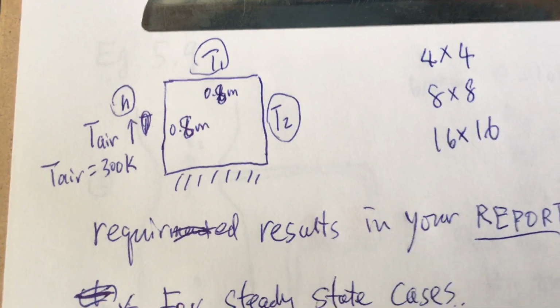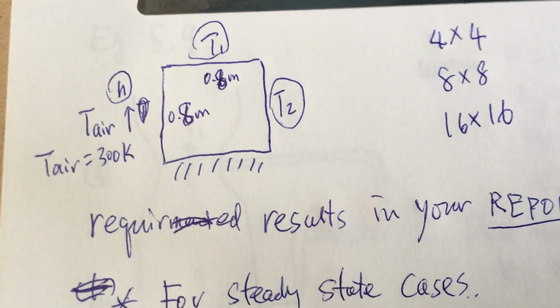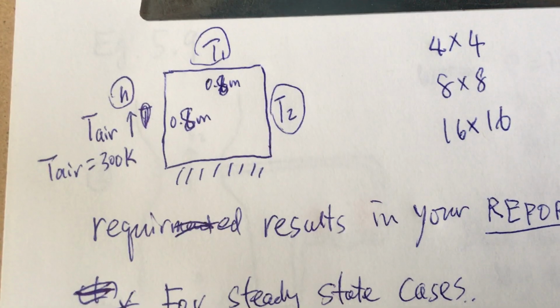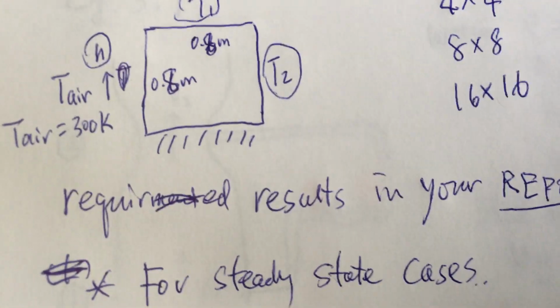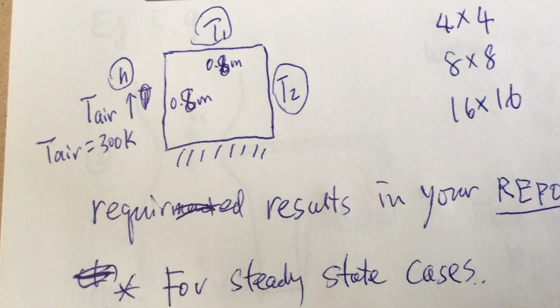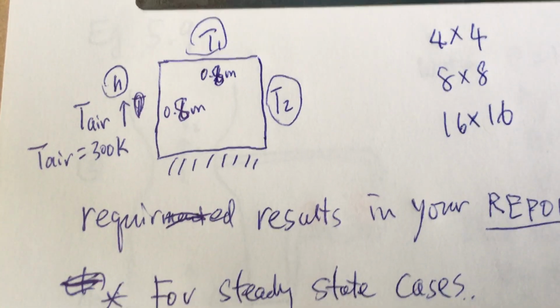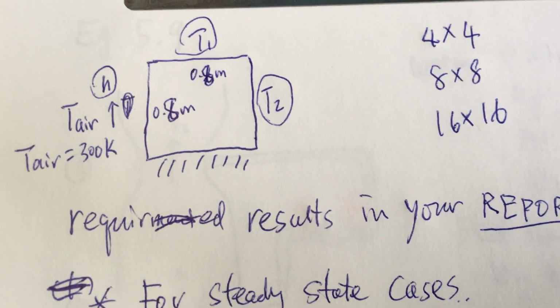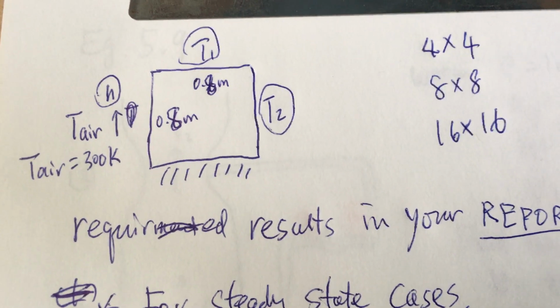Okay, now you compare 8x8 to 16x16. If they are still different, that means 8x8 is wrong too. But if they are the same, that means if you refine the mesh to 16x16, the result doesn't change. So you don't need to waste your effort to do 16x16. 8x8 is good.